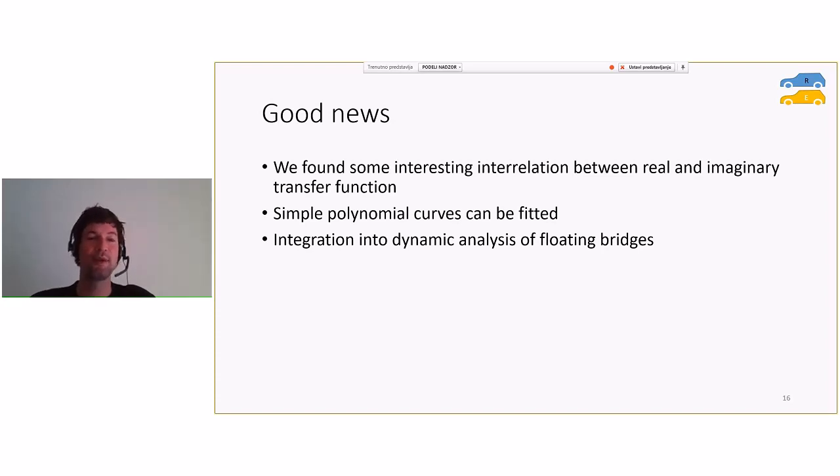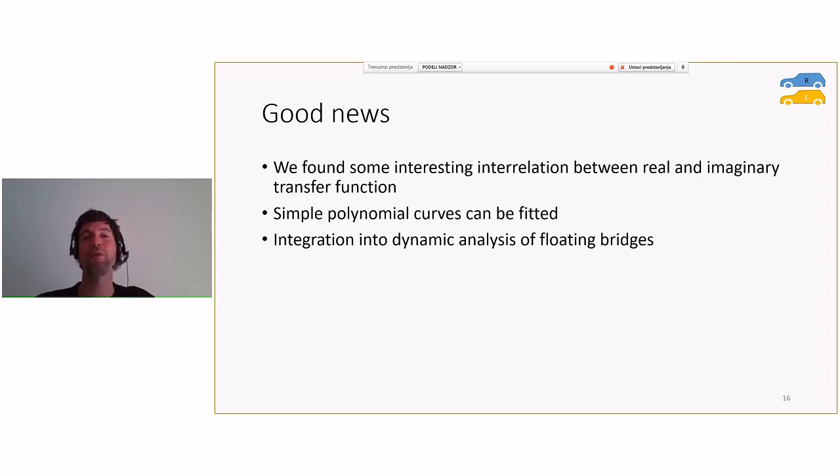The first one is that, besides everything I presented today, we found an interesting interrelation between the real and imaginary part of the transfer function. Scientifically, this means that we don't really need to use parametric modeling anymore. We can use simple non-parametric modeling.